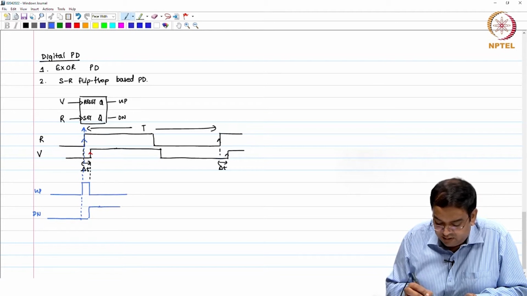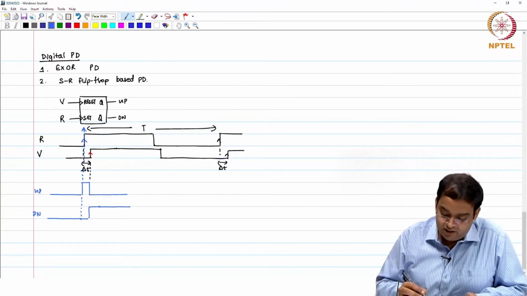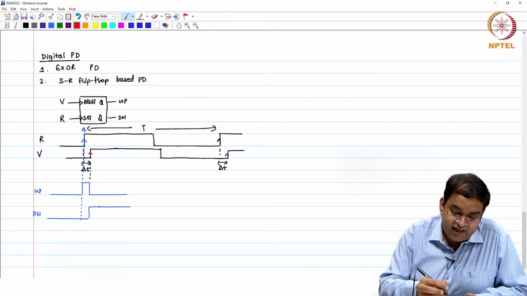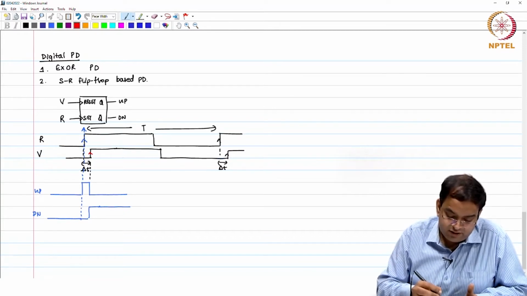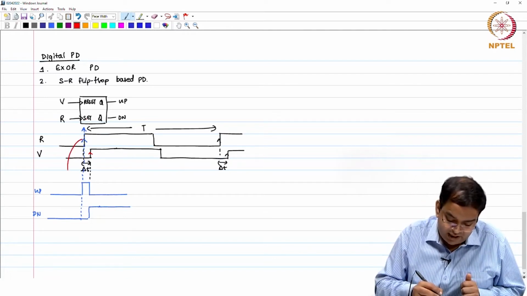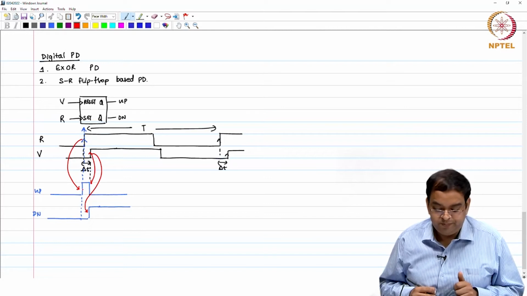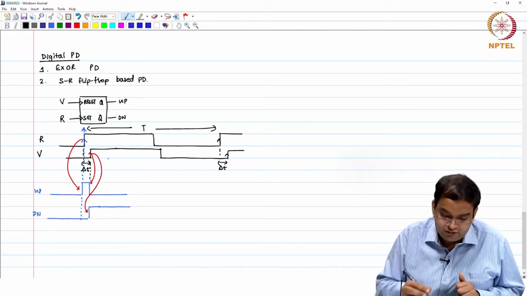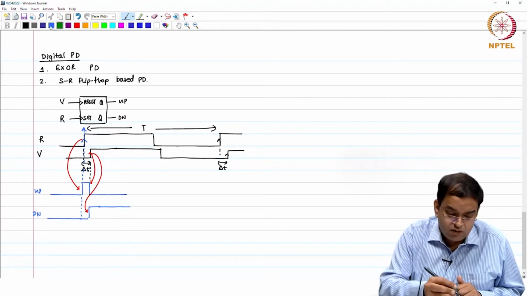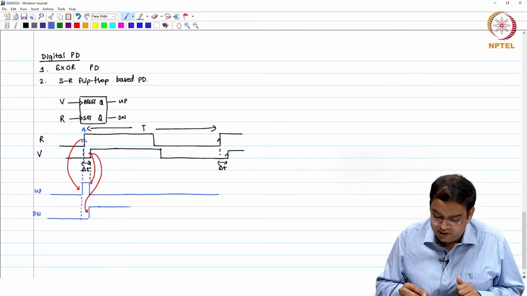This particular configuration makes whichever signal goes high first set the Q and Q bar, up and down. So, here the R signal goes high, your up goes high first, and then as soon as the V signal goes high, your down goes high and also your up goes low. Now, this is for one particular case. What you see is that it is not susceptible to the falling edge of the clocks. Okay. It is not susceptible to that.